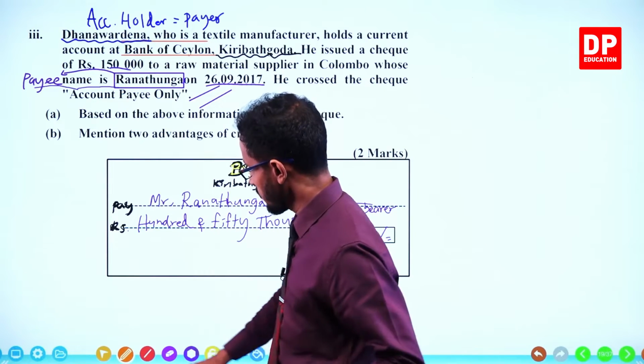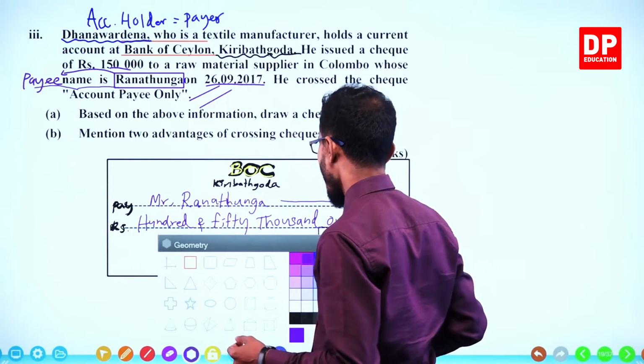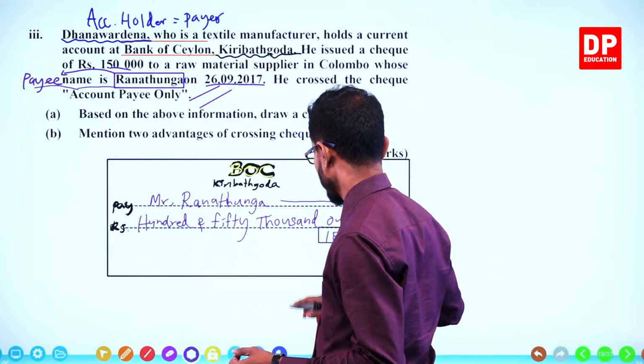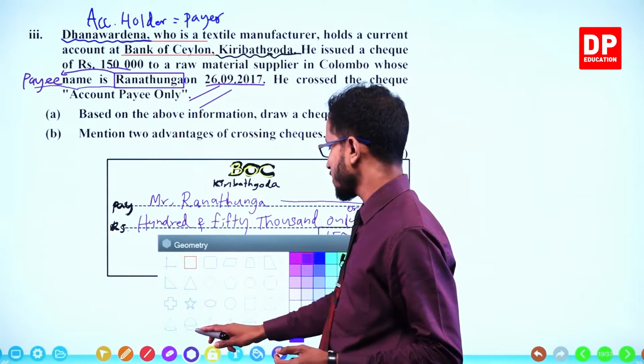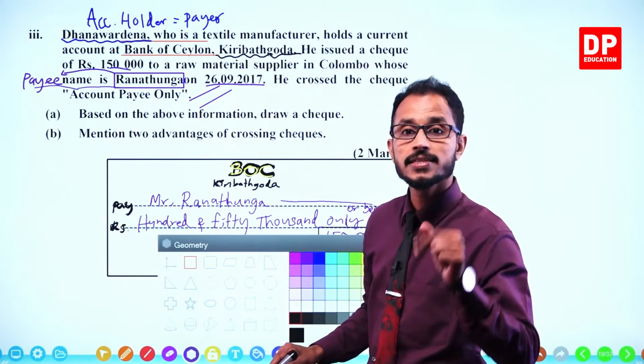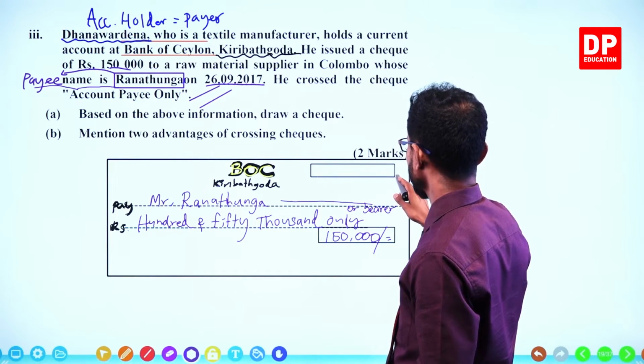And we forgot something. Oh my God, what did we forget? We forgot the date. The date should be here like this, a space for the date.